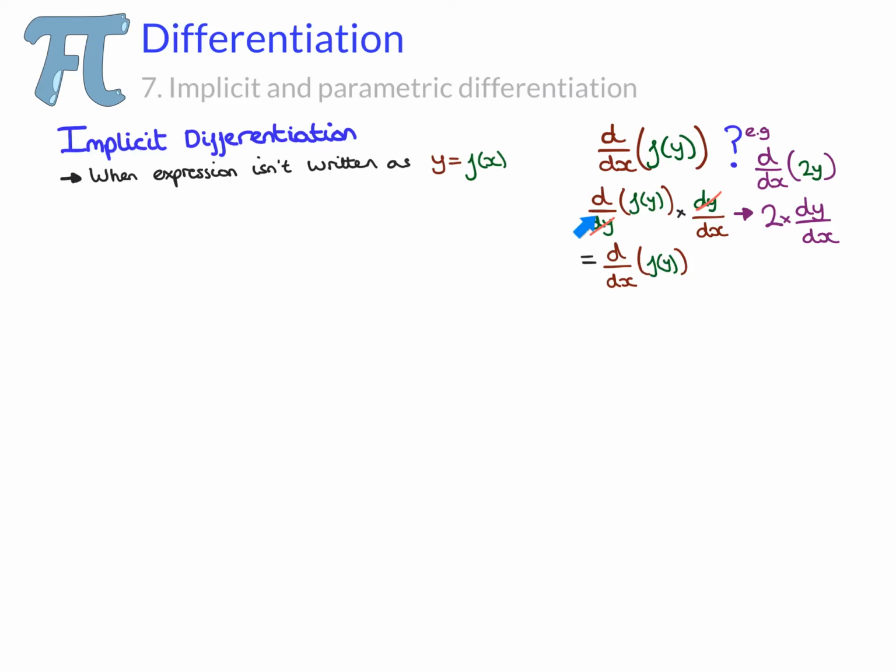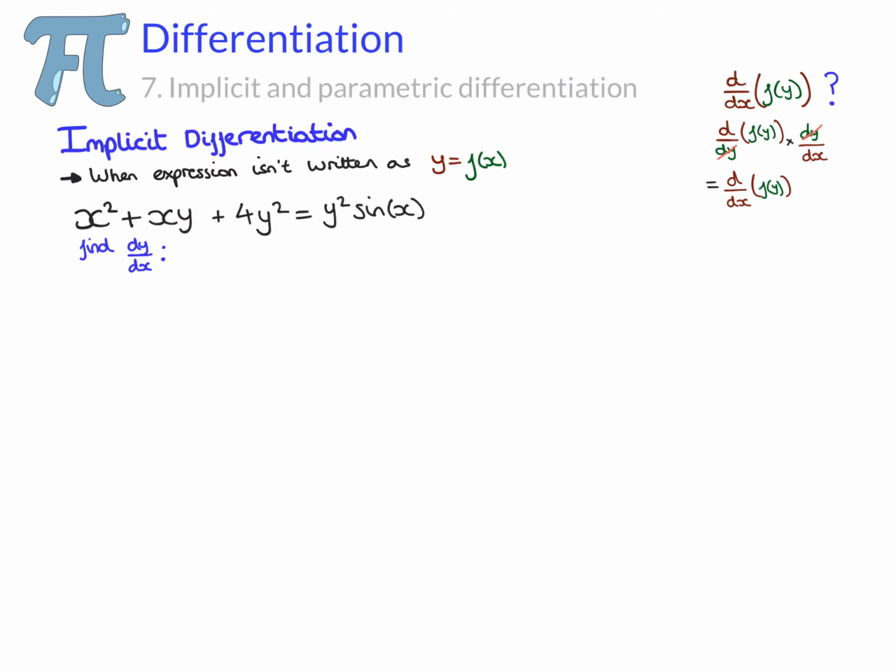Differentiating 2y with respect to y is 2, and so d/dx of 2y is just 2 times dy/dx. Let's use the difficult example x squared plus xy plus 4y squared is equal to y squared times sine x, where from this we want to know dy/dx.